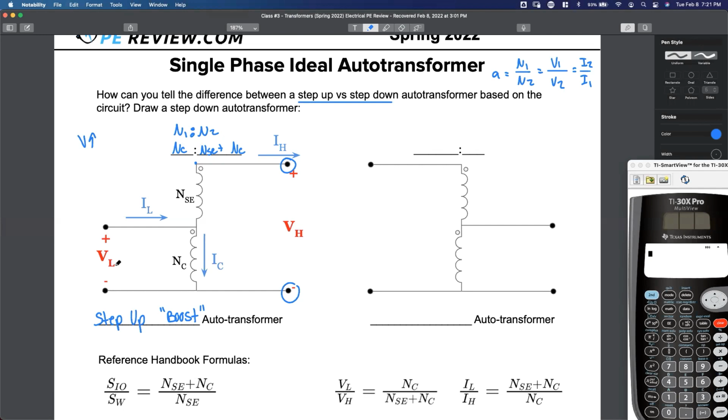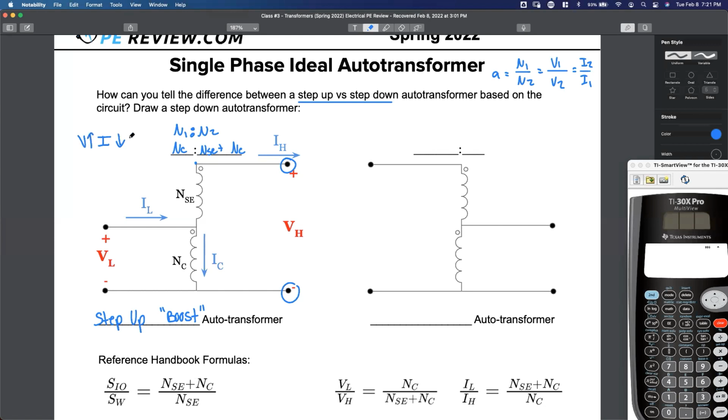Does that make sense? Now, if we're stepping up, what is the current doing? If the voltage is stepping up, the current must be stepping down. Good job, everybody. If you're not familiar with this, when it comes to transformers, if your voltage goes up on the secondary, your current goes down. And if your voltage goes down, your current goes up. They're always going to be opposite, right?